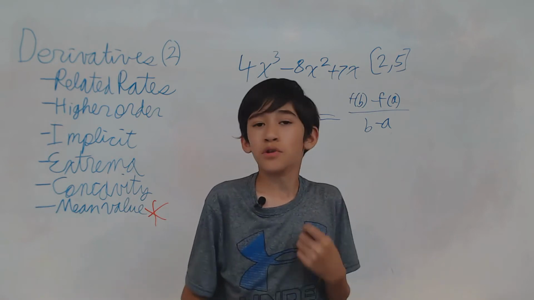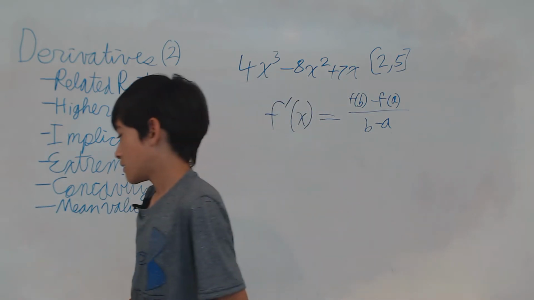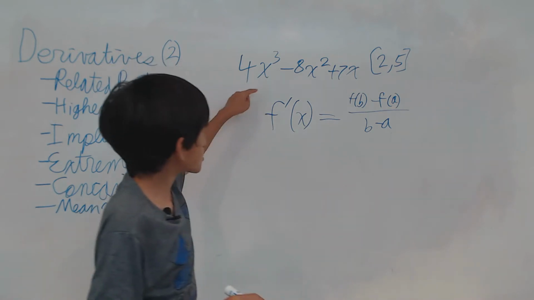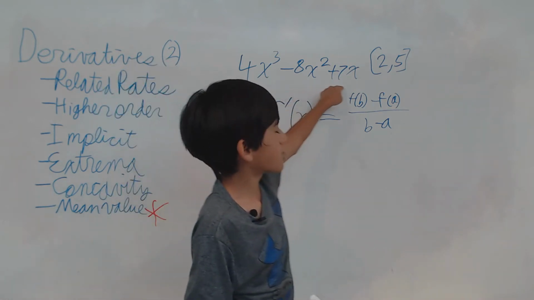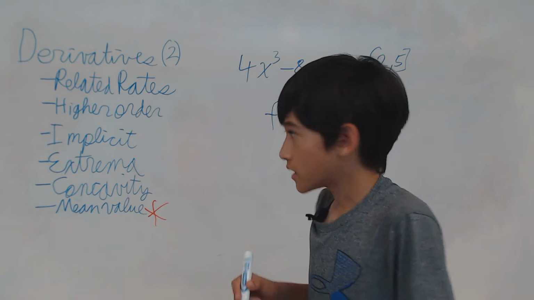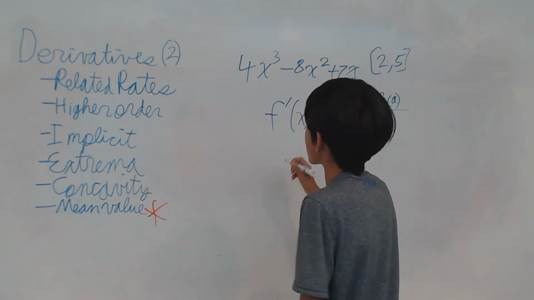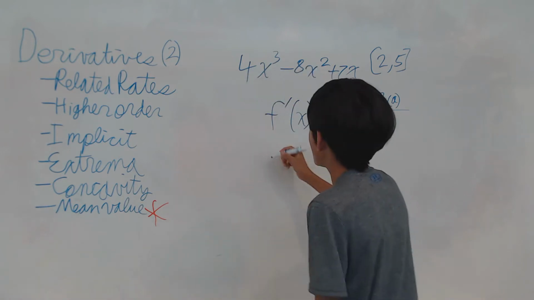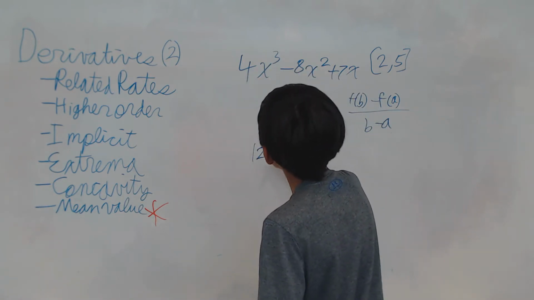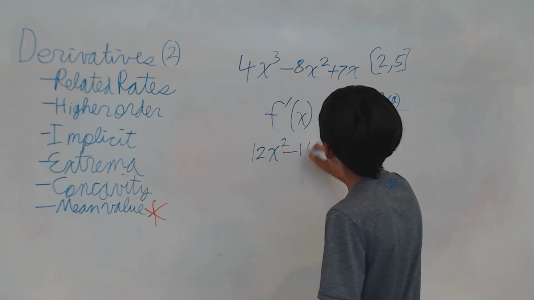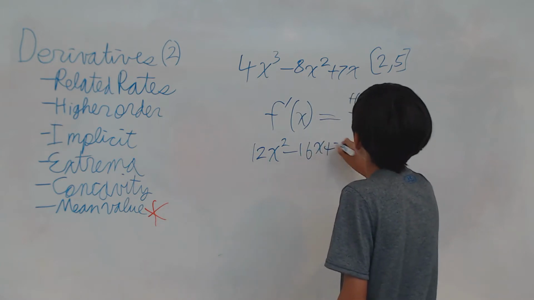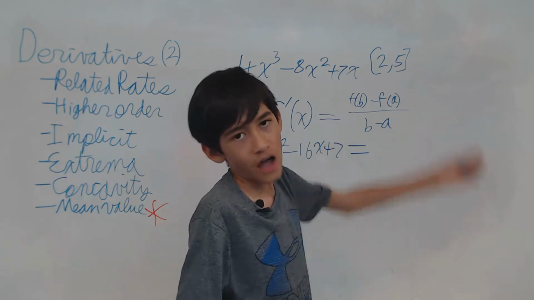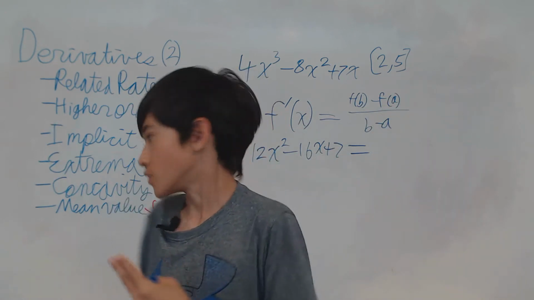Now we need to plug everything in, because over here we can take the derivative of our given function and plug it in as f prime of x, right? So that would be 12x squared minus 16x plus 7 equals f of b. B is 5 because it's our second value in the interval, right?